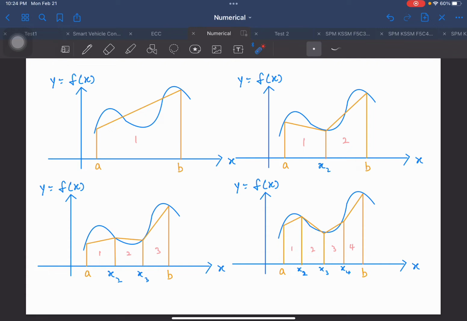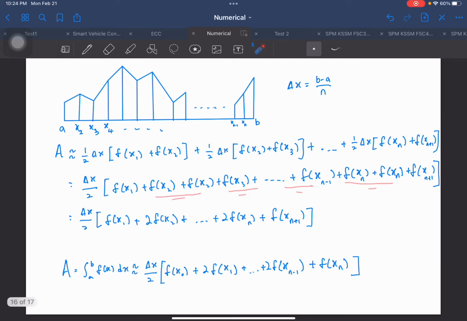You can see that the difference from the real area under the curve decreases. The shape of the graph looks more like the actual one, so the accuracy increases.